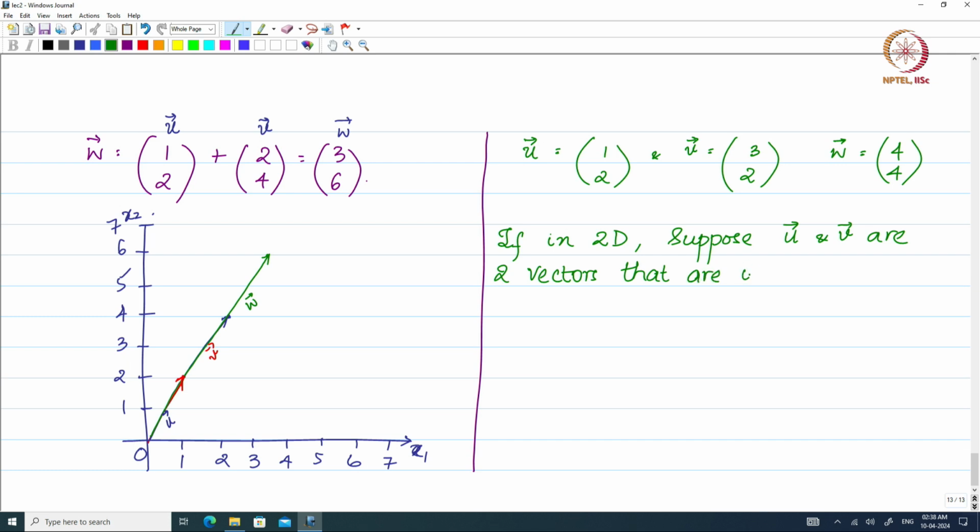Now what do we mean by the same direction? I would say they are parallel to each other, in which case we are going to say u is equal to some alpha times v, and these are two vectors which are in the same direction.